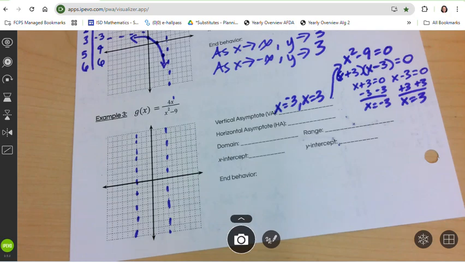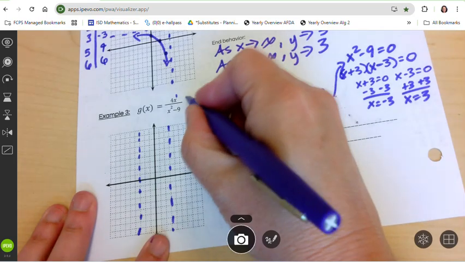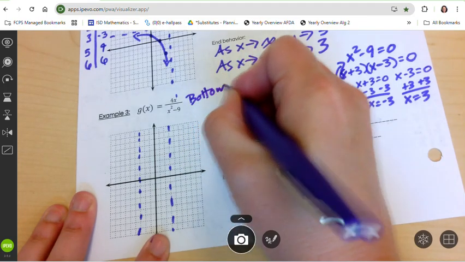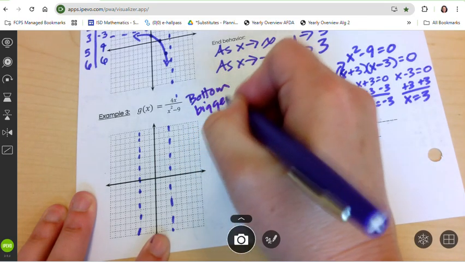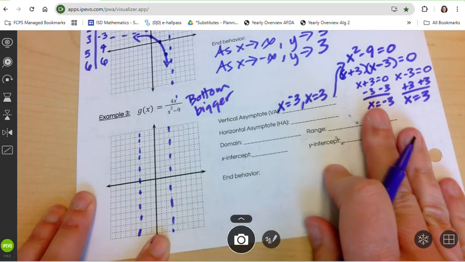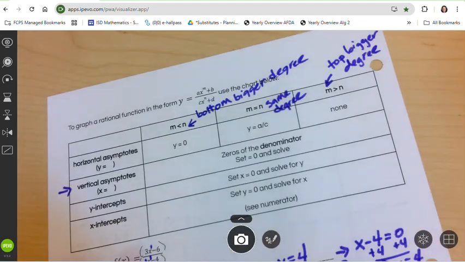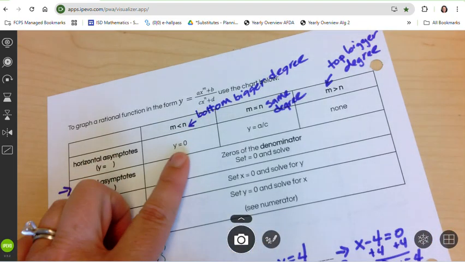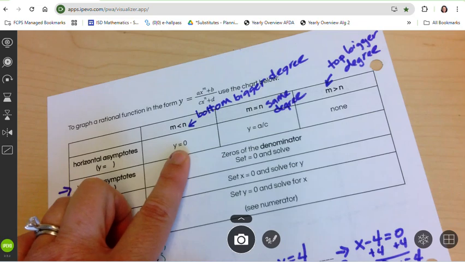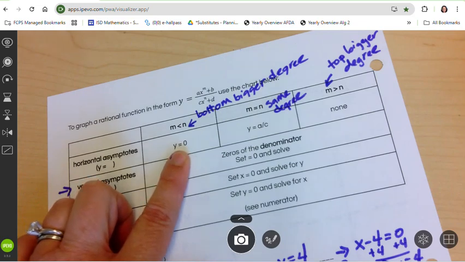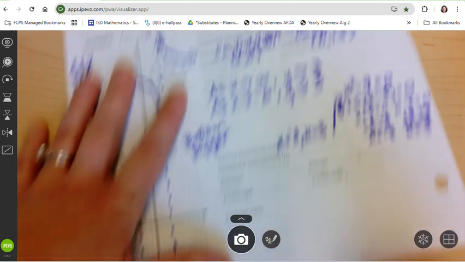So, which has a bigger degree, the top or the bottom? Bottom. So the bottom is bigger. Take a look at our notes up here. If the bottom has a bigger degree, your horizontal asymptote is y equals 0. Make sure you understand where that came from.